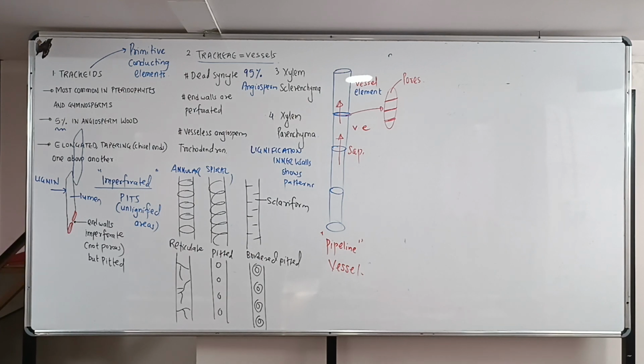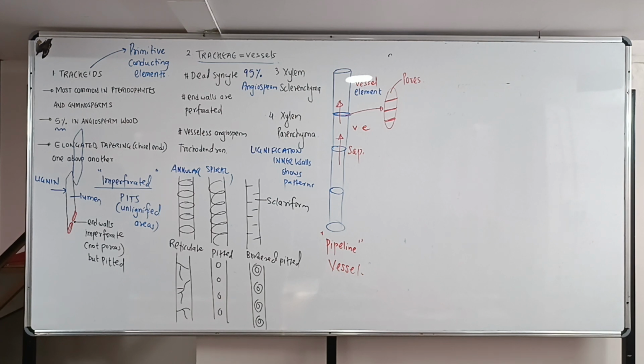Gymnosperms and pteridophytes show mostly tracheids. Tracheae are also known as vessels. It is a dead syncytium made up of multiple elements. The end walls of the tracheids, are they porous or imperforate? Imperforate.